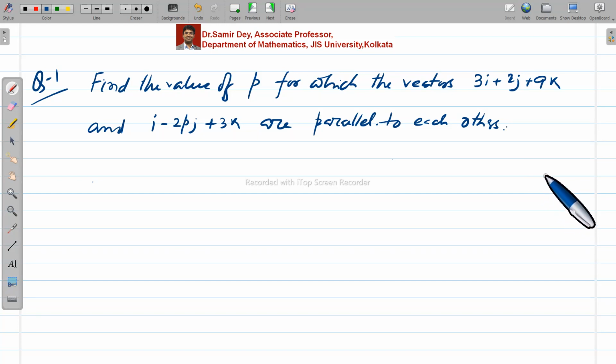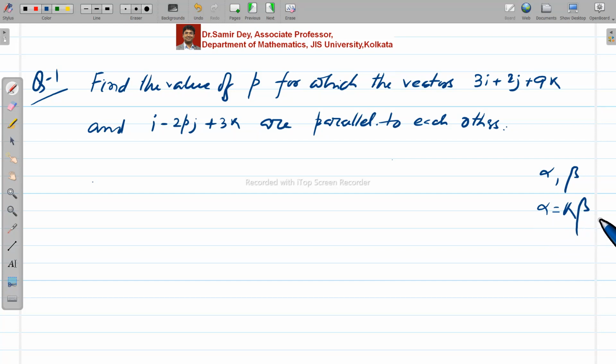Suppose alpha and beta are two vectors. If you want to prove that these two are parallel, then you need to prove that alpha is equal to some constant times beta. If you can prove it, then you can say these two vectors alpha and beta are parallel to each other.